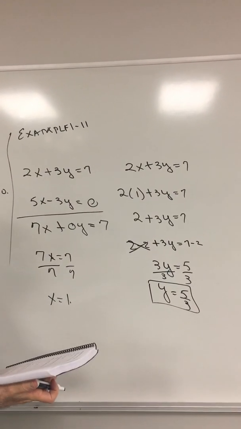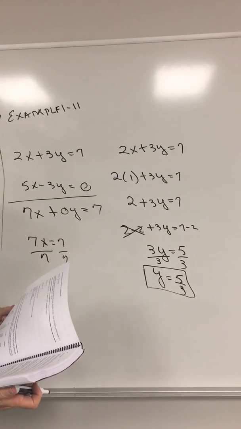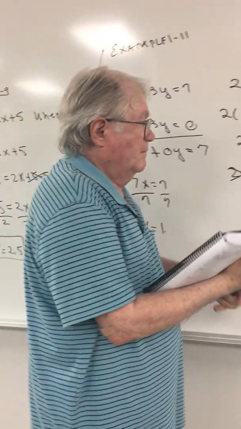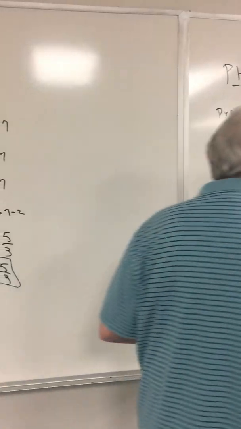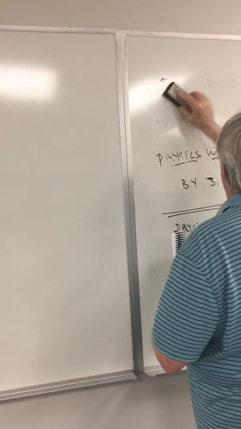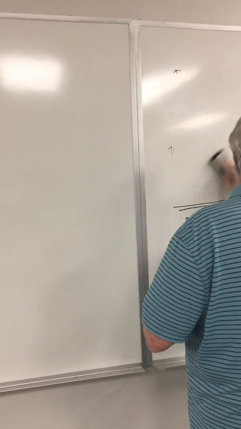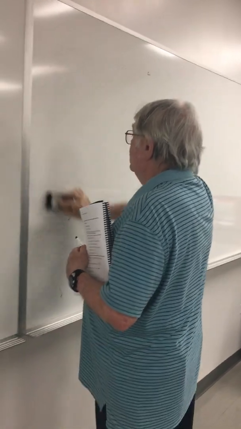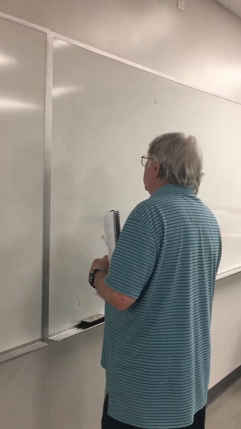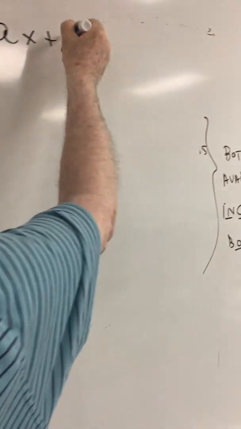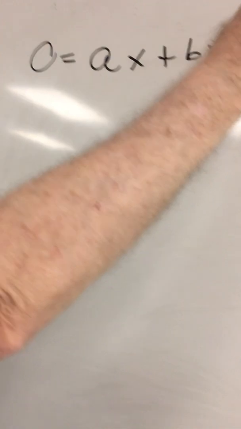Now the next thing I have to do is deal with something called a quadratic equation. I'm going to erase this. The general form of the quadratic equation is 0 is equal to ax squared plus bx plus c.